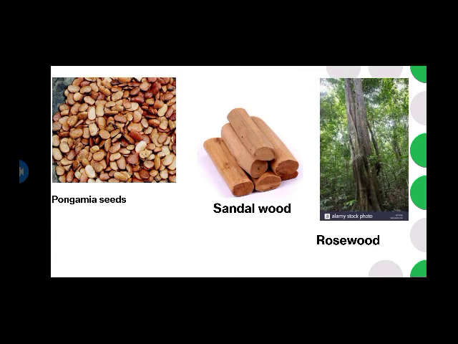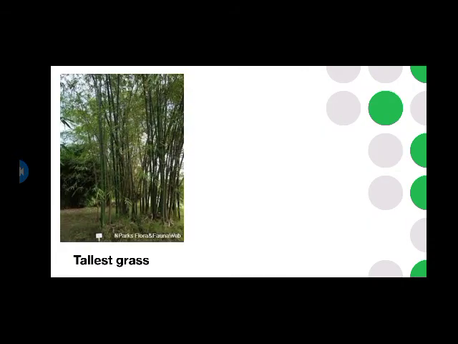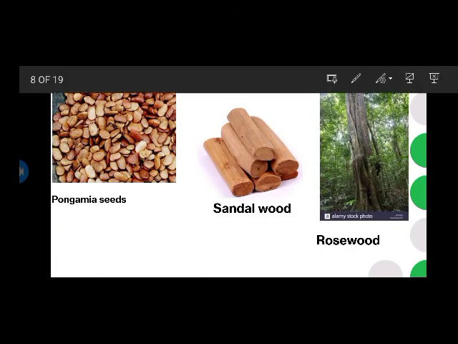Now look at these seeds. What is the speciality of these seeds? These seeds are called Pongamia seeds. Pongamia seeds are used as a medicinal plant. And these are the plants that you see in forest. This is sandalwood tree, the bark of sandalwood.